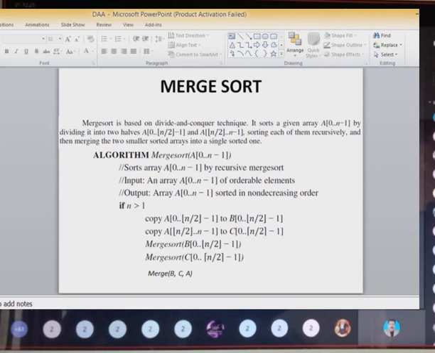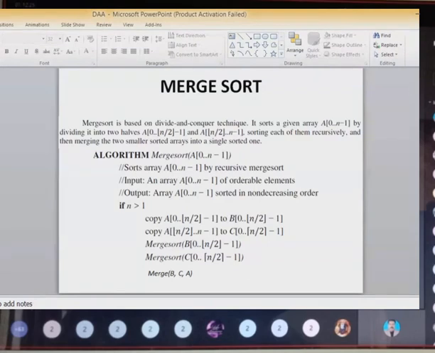The name of the algorithm is MergeSort, within brackets the array A from 0 to n minus 1. Now we are going to sort this array by recursive merge sort. Input is an array A of 0 to n minus 1 unsorted elements. Output is array A of 0 to n minus 1 sorted elements.